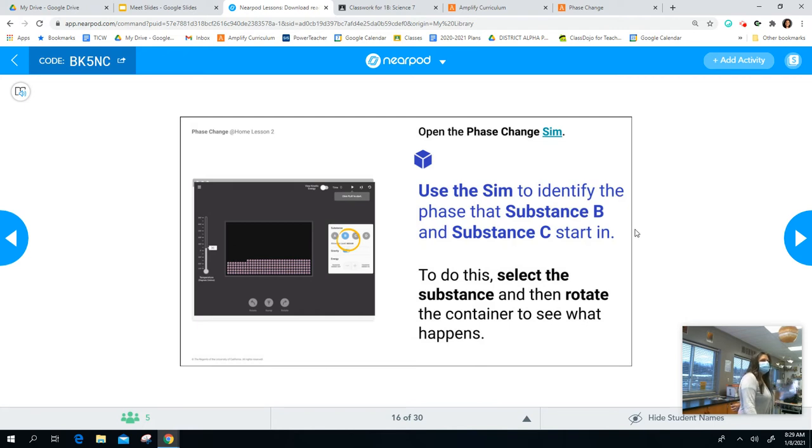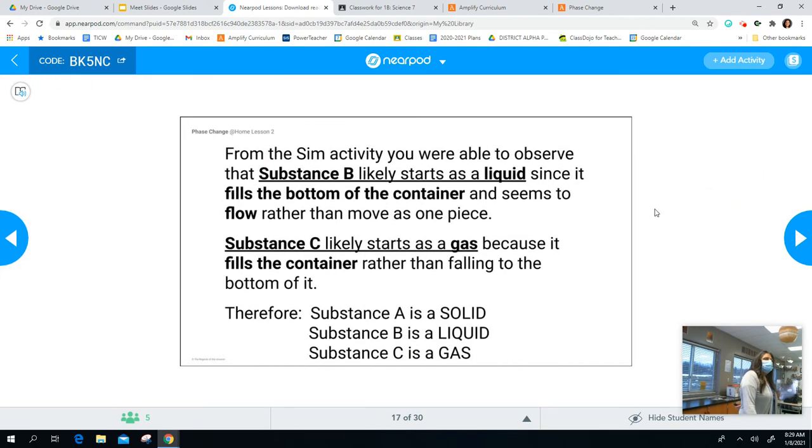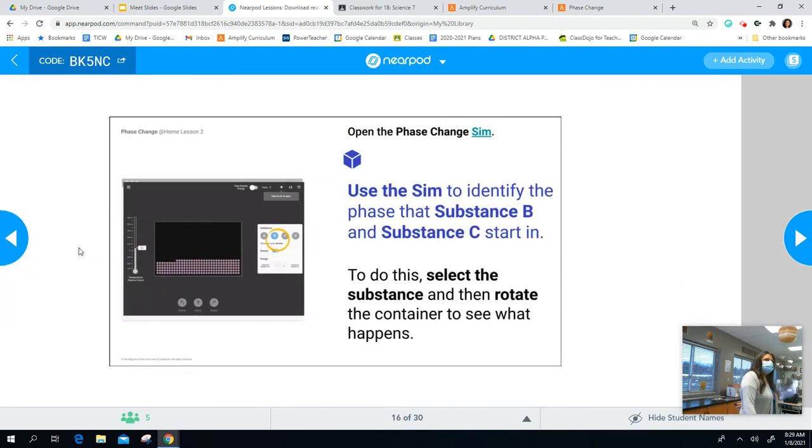All right, so we did this, open the phase change sim, use the sim to identify the phase that substance B and C start in. So we just did that. There's the link for our sim finally.